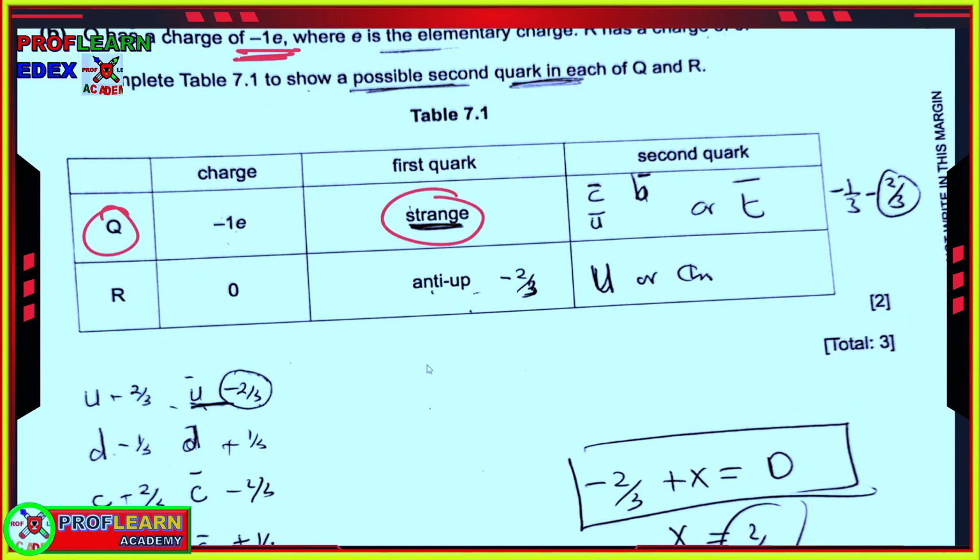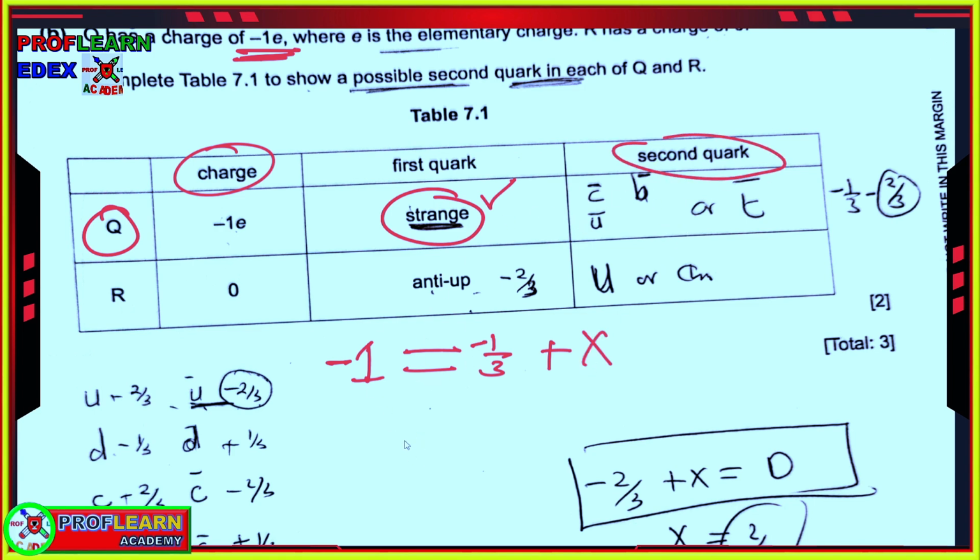Let me just write here, -1 is equal to the charge of a strange, because this is the overall charge. So -1 is equal to -1/3, plus the one that we don't understand for the second quark here.